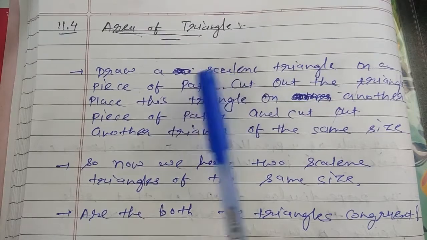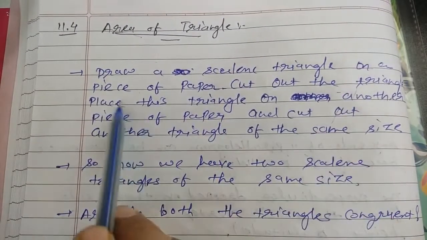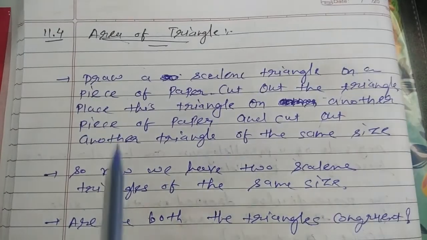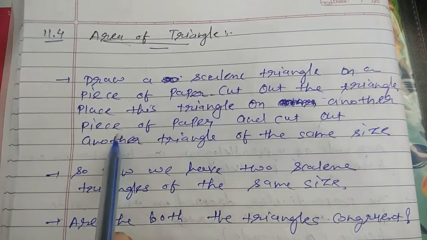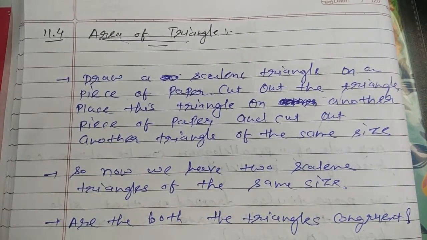That kind of triangle is called a scalene triangle. Draw a scalene triangle on a piece of paper. Cut out the triangle. Place this triangle on another piece of paper and cut out another triangle of the same size. What do we have to do?